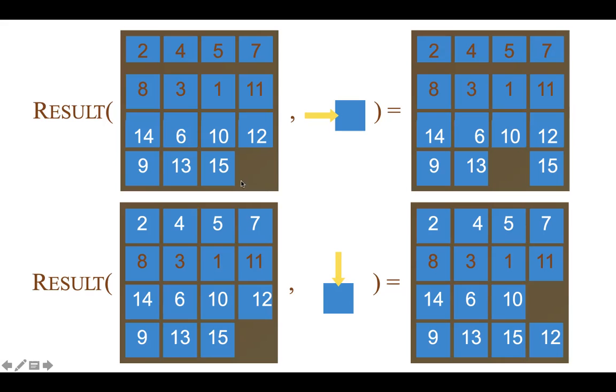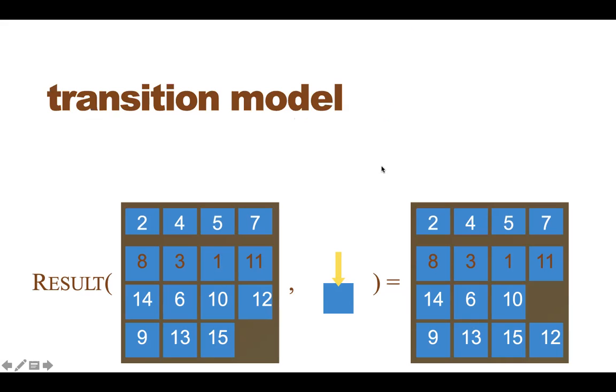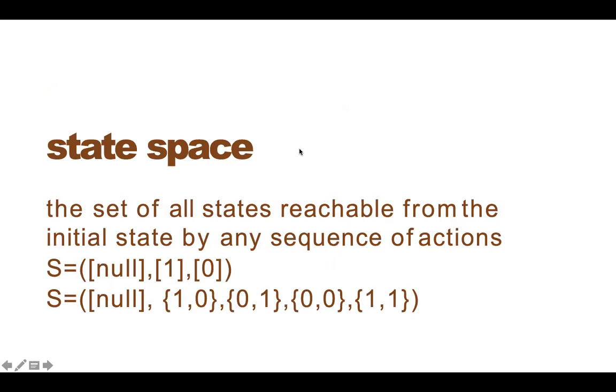Over here, there are only two possibilities: moving tile number 15 to the right or moving tile number 12 downwards. So if we take the second of the two options available, and we move the tile downwards, then the resultant state is this. Now look at it. Every action starting from the same state is causing a different resultant state. The transition model encapsulates all of these things: the result caused by an action performed on a state.